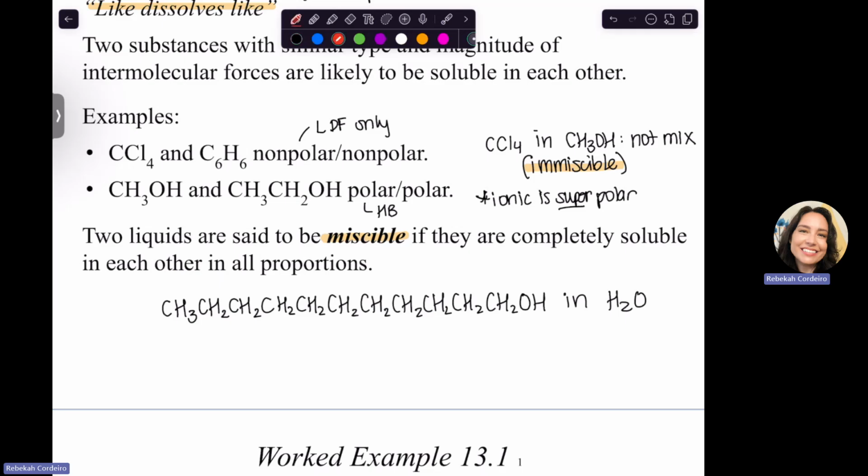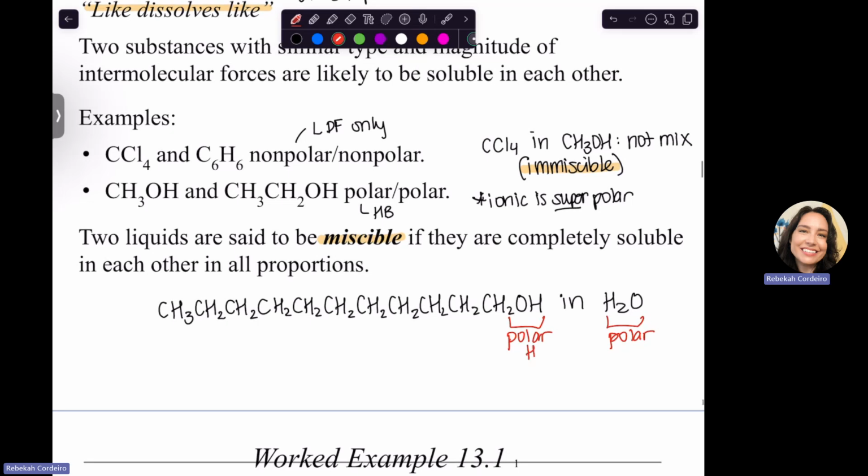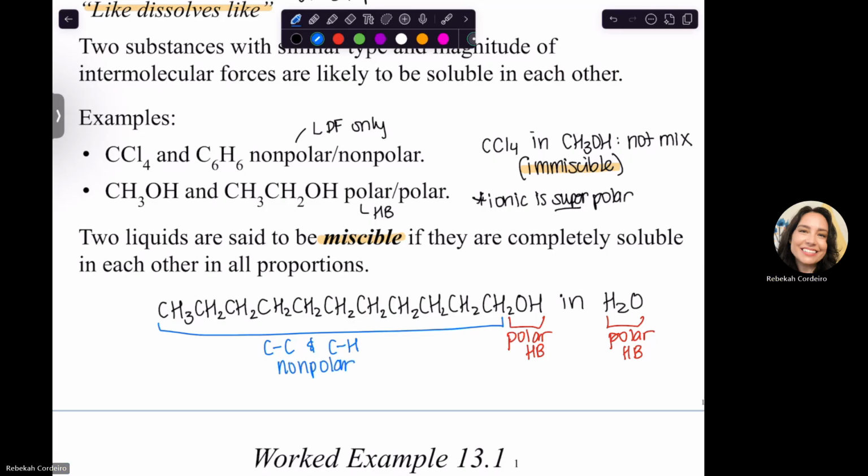Why? This little bit right here is polar, and that matches water's polarity. And also they both have hydrogen bonding, right? So water can talk to that side. But this part is all CC and CH bonds. If you have only CC and CH bonds, you are nonpolar. So there's a big nonpolar section attached here.